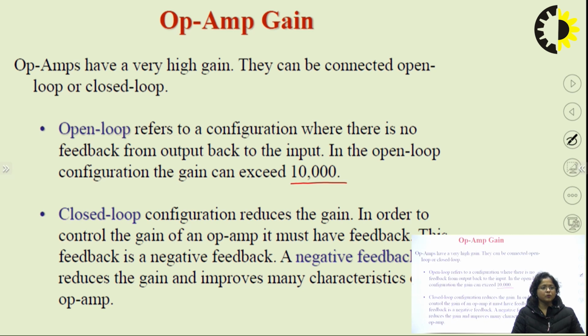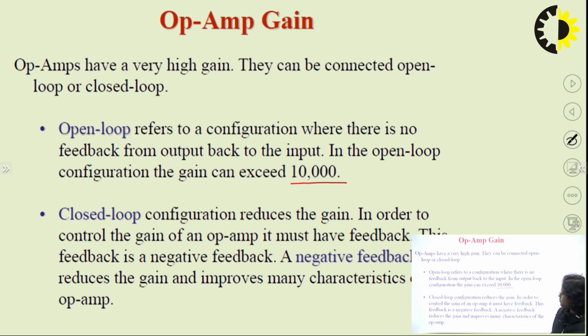So open loop configuration is practically not possible to use for mathematical operations because the gain is very high. It is not possible to add, subtract, multiply or divide in this range. So open loop configuration can be used as a waveform generator or comparator only. We will study it later on in this lecture.